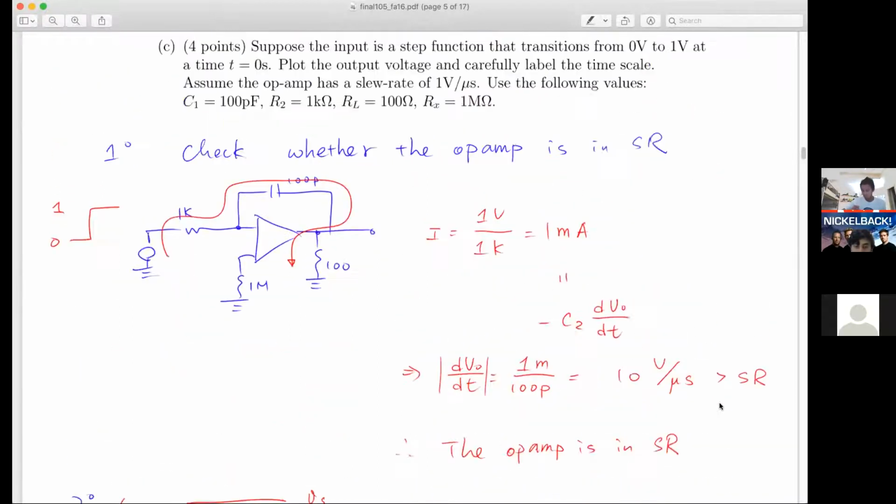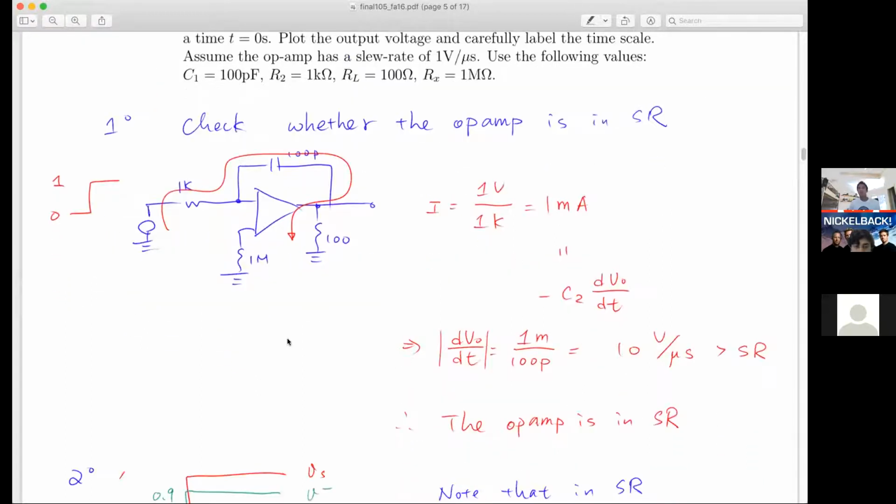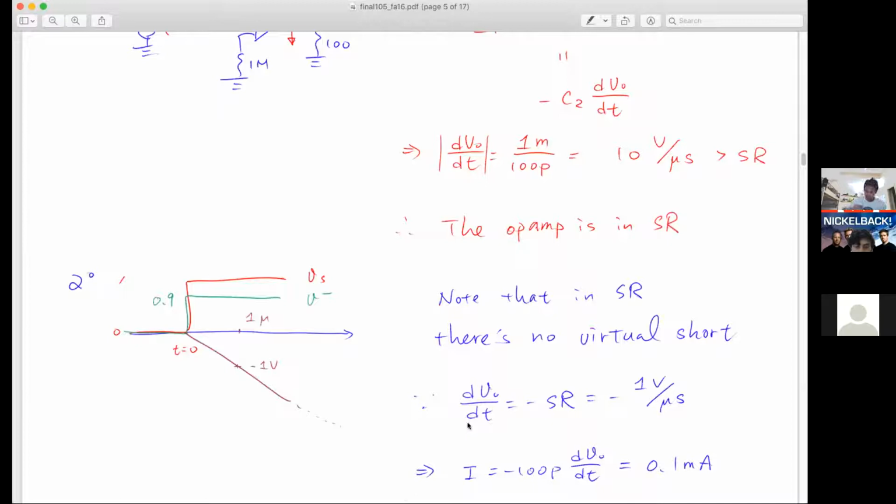Since the op-amp is in the slew rate region, the maximum output voltage change is equal to the slew rate, which is minus 1 volt per microsecond.